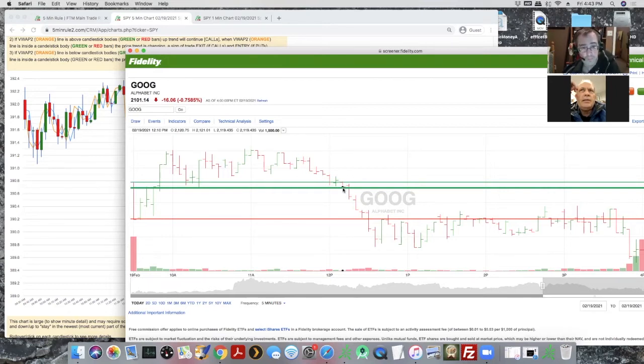And that is beautiful right there. That's a big move. It's a $20 move. Wow. Yeah, with Google it is, and that's less than a percent. I bought the contracts at 280, so they were cheap.